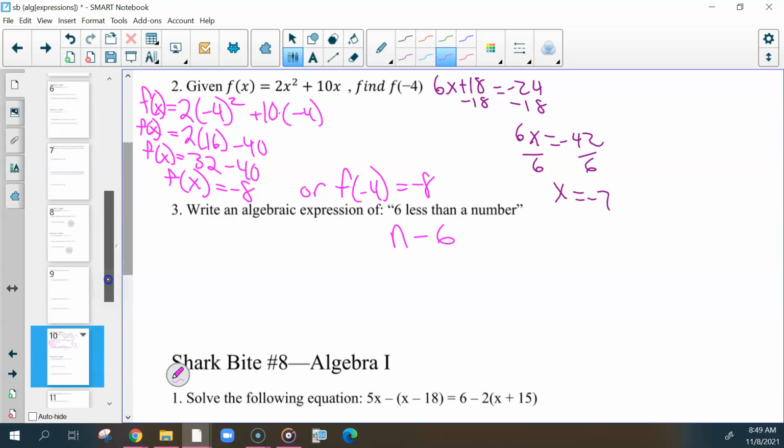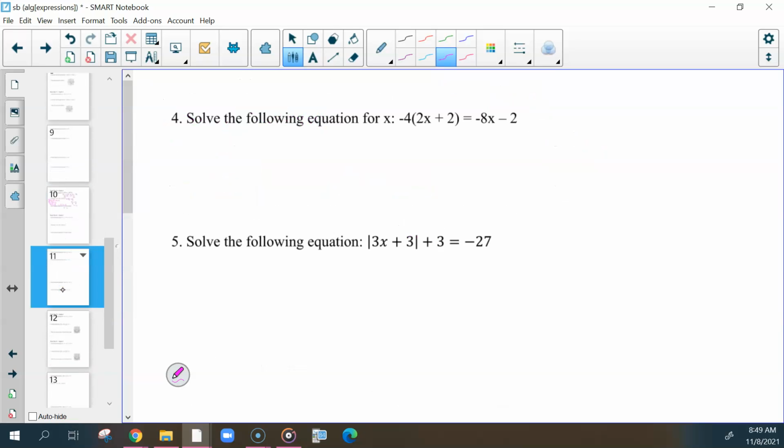And then on the back, we have another solving one, and then we have absolute value. I was going to say inequality, but that's not what that is. So for this one, distribute.